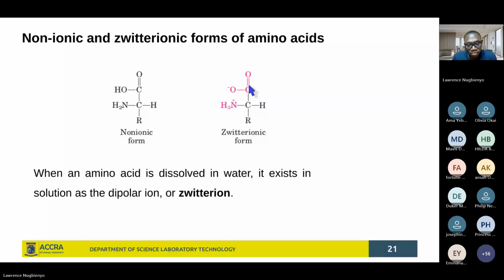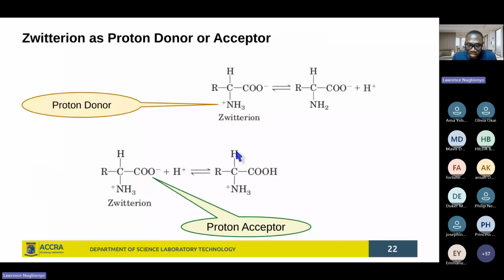Now, what that means is that the zwitterion of an amino acid can act as a proton donor and at the same time can act as a proton acceptor. So let's take the amine group, which is fully protonated. It is NH3 plus. That NH3 plus can be a proton donor.